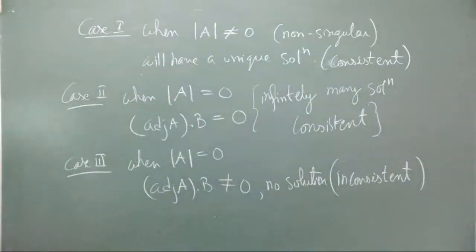So of course it will be consistent even though it cannot be solved, because it will have infinitely many solutions. Okay, done. So this is from where we shall begin.